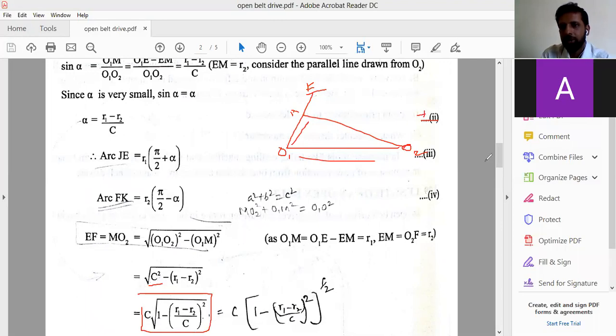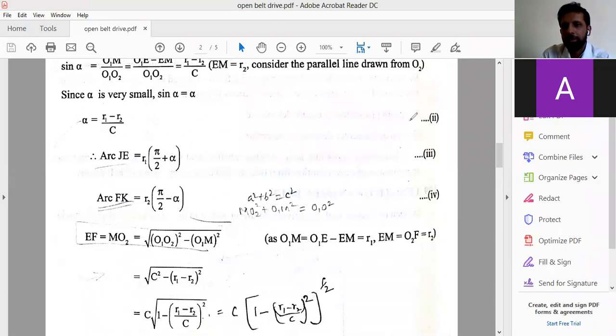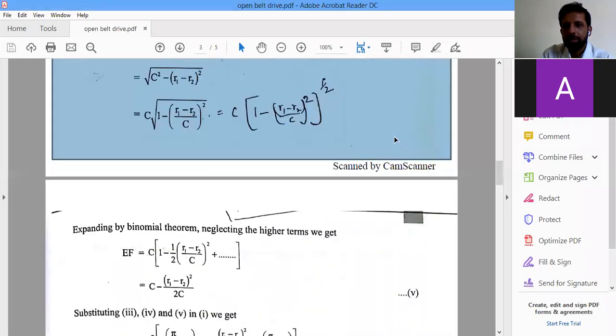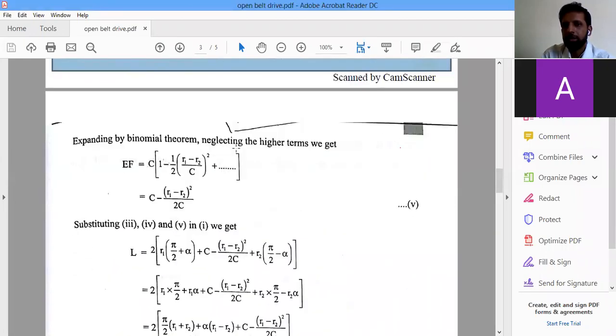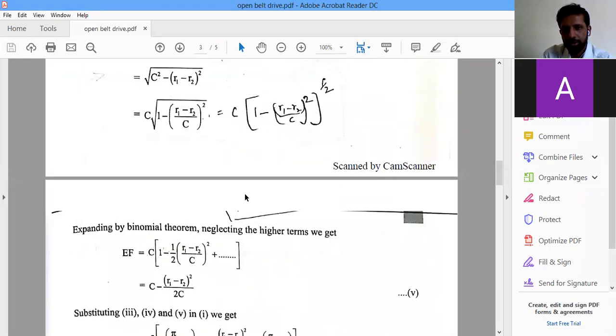Using our binomial theorem, once we expand this, we get C into 1 minus half into (R1 minus R2) divided by C, the whole square.